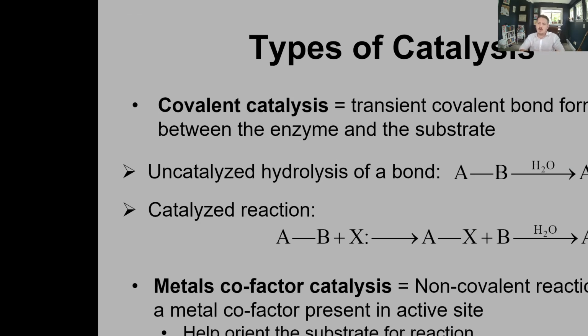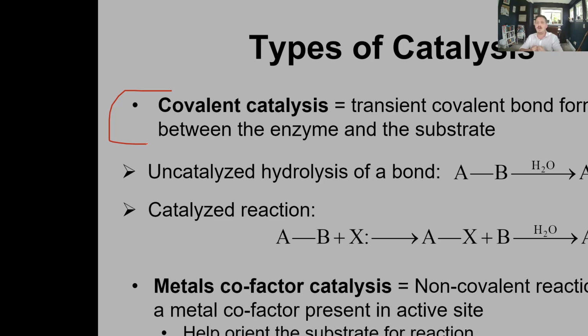Just to summarize, often chemical reactions of enzymes generally fall into these two types: covalent catalysis and metal cofactor catalysis. The covalent catalysis is where the enzyme and the substrate will be directly bound by a covalent bond as part of the reaction.